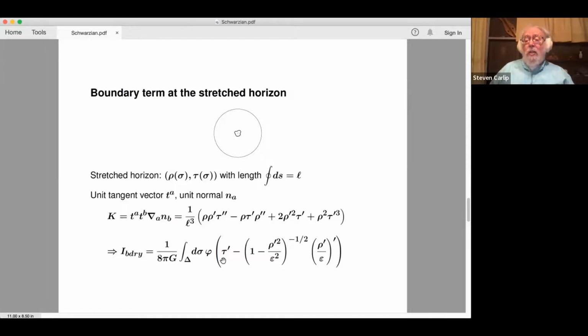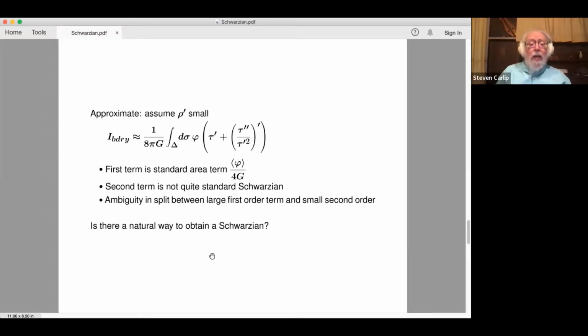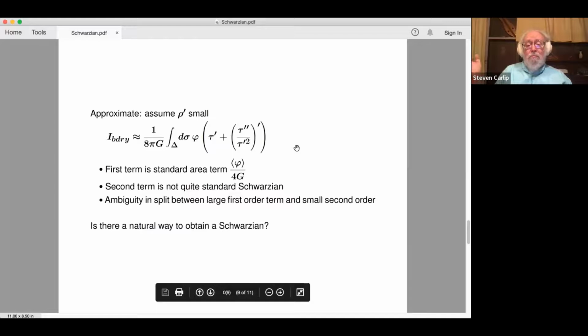But now let's let this curve be arbitrary. Then this is too complicated. But if we let it be arbitrary with the restriction that the derivative of rho, the radial direction, is small, that is, it's a wiggly boundary but doesn't actually come all the way into the horizon, then you can approximate this and you get an integral that, again, just looks like something. The first term here is the standard Gibbons-Hawking area term again.